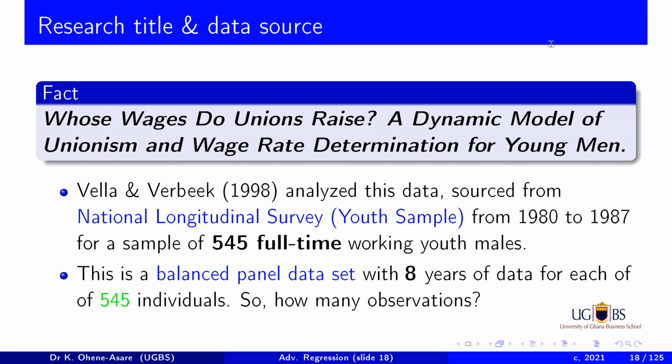They took the data from the National Longitudinal Survey, and the data was from 1980 to 87. So that's an 8 years data set. The sample number was 545 full-time workers. They are young men.